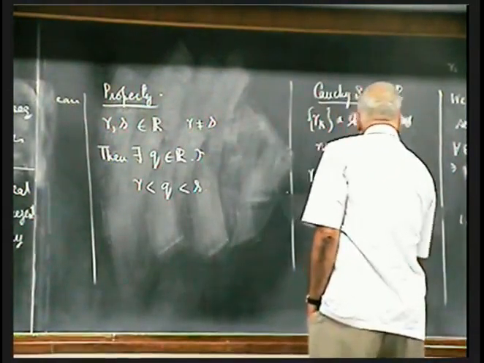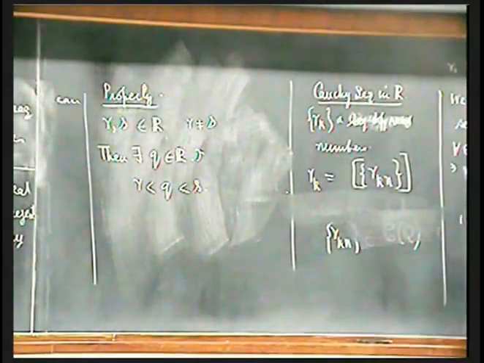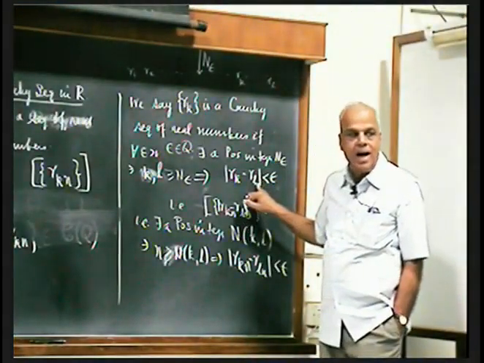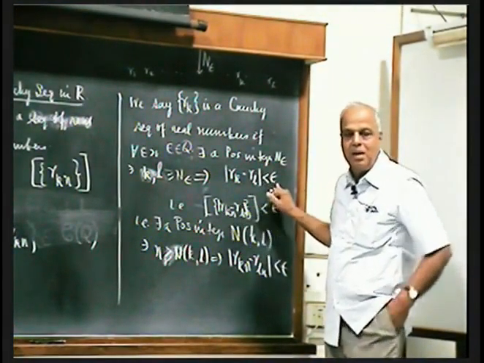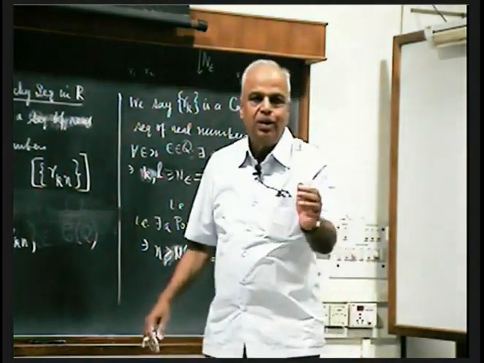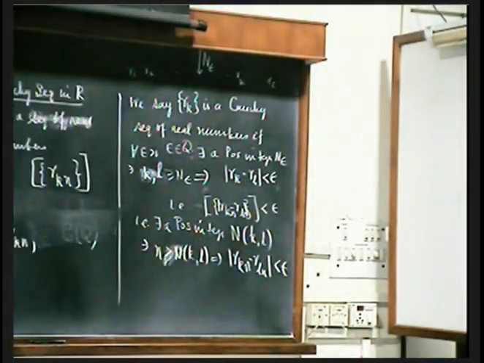Now therefore it didn't matter, I could have put an epsilon real also, because if I wanted to make it less than a real number, I make it less than a rational number which is below it. Between 0 and epsilon, 0 is a real number, epsilon is a real number, so there will be a q in between. So I will make it less than q. If it is less than q, it is also less than epsilon.